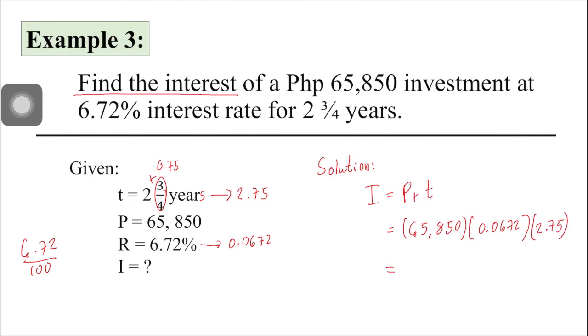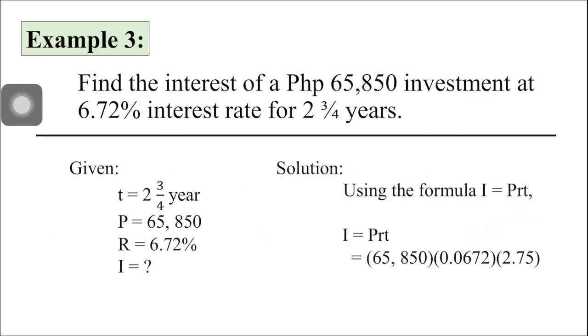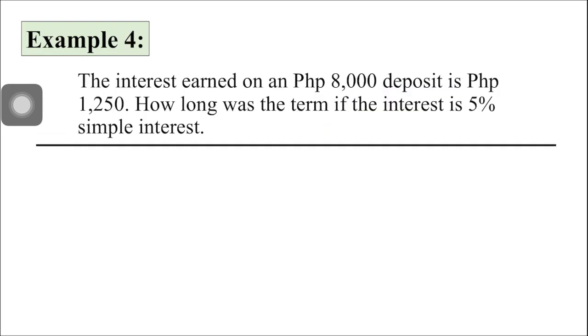What's the answer? The answer is 12,169.08 pesos. So in a 65,850 investment at 6.72% interest rate for 2 3/4 years, his money earned 12,169.08 pesos.